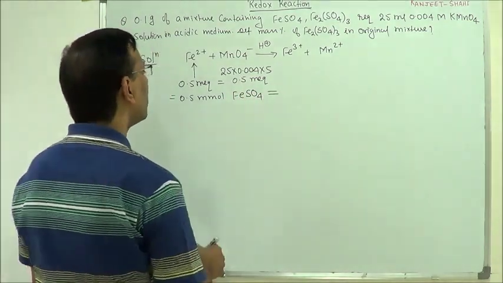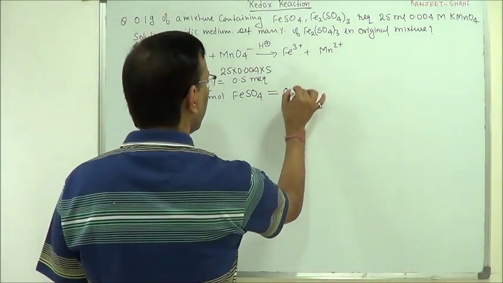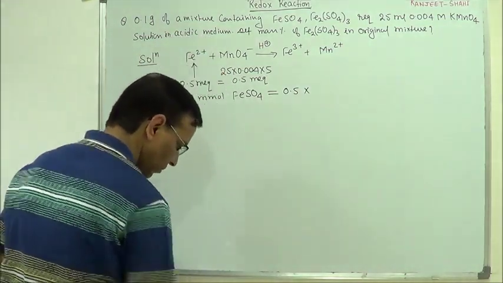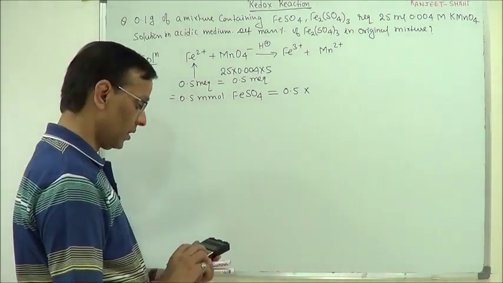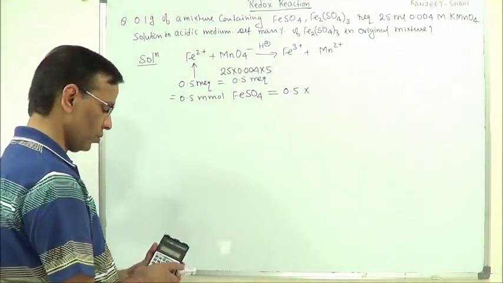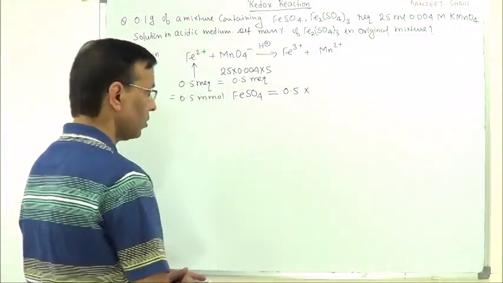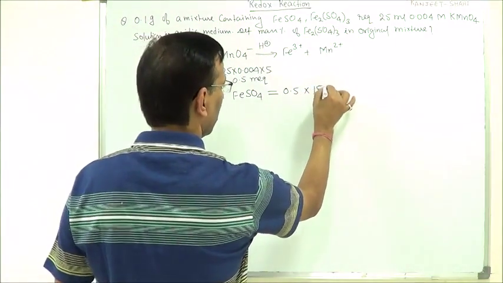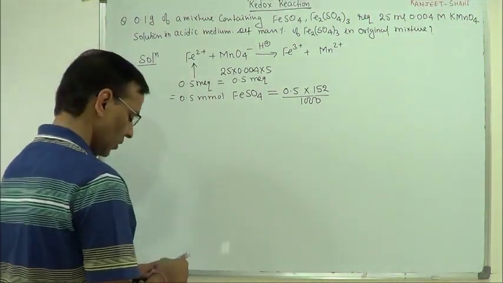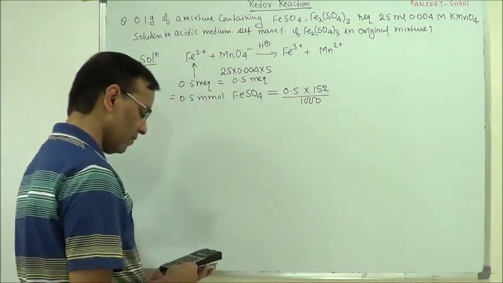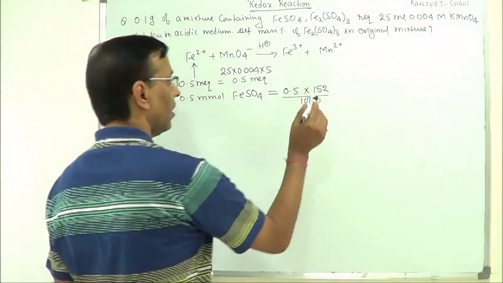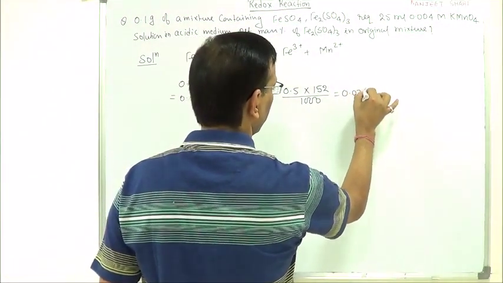If we convert it into mass, it would be 0.5 multiplied by its molar mass, and its molar mass will be 56 plus 96, 152, but divided by 1000 since it is millimole. So 152 into 0.5, 76 divided by 1000, so 0.076 gram.